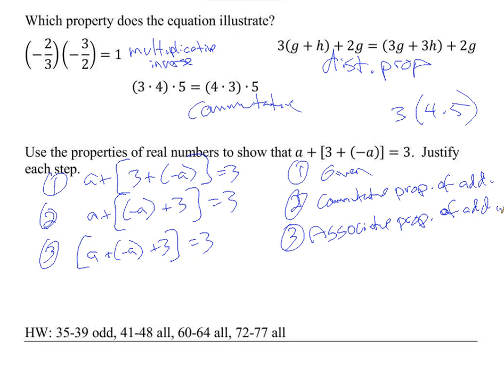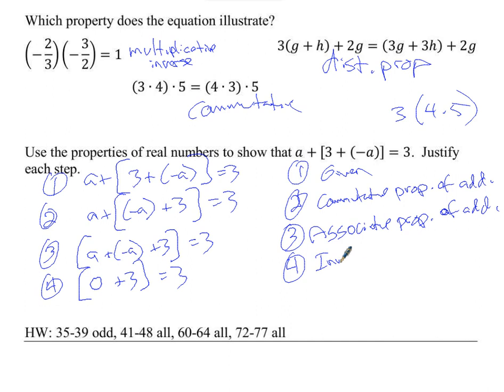All right, now what can we do? Now we can add the a plus negative a, and that gets us 0. So now we have step 4, in the bracket still, 0 plus 3 equals 3. And what property allowed us to do that? That is the inverse property of addition.